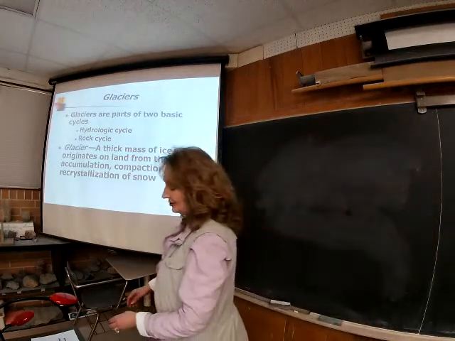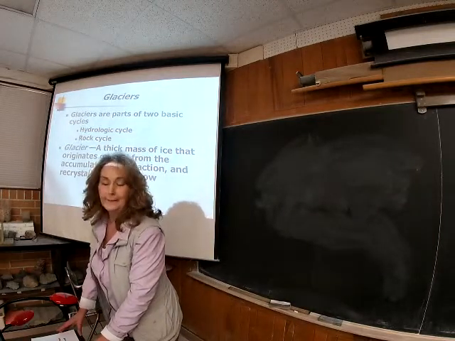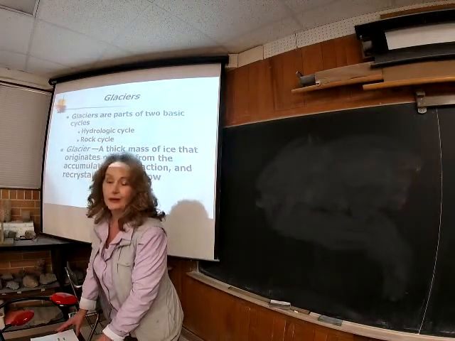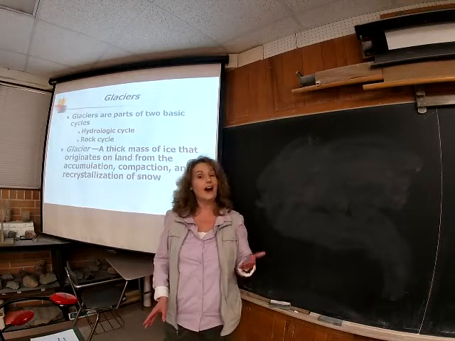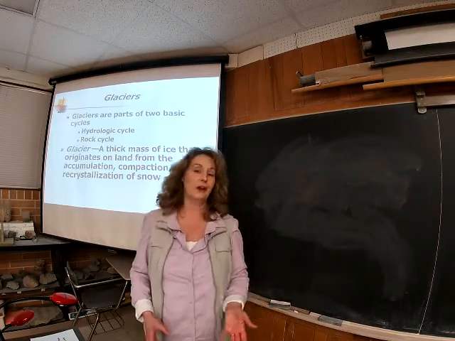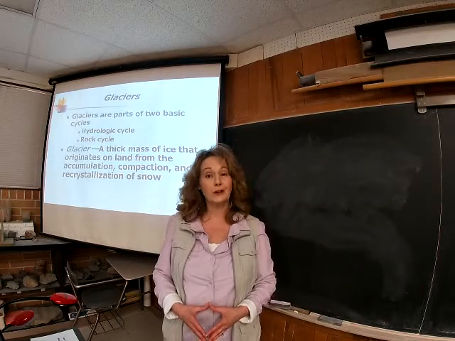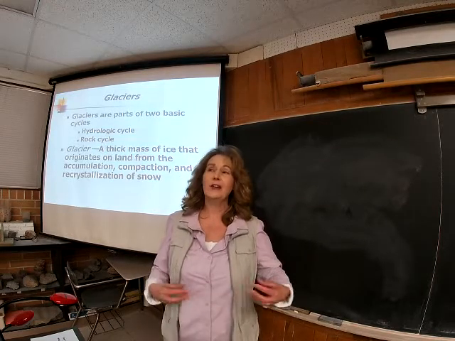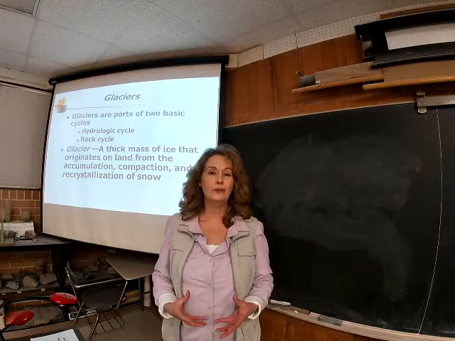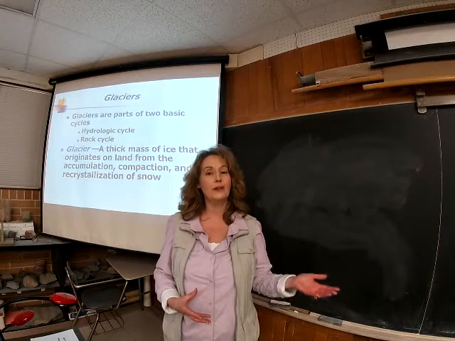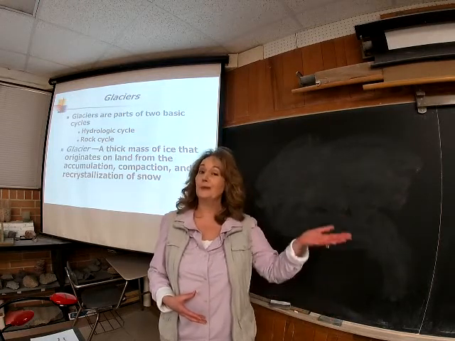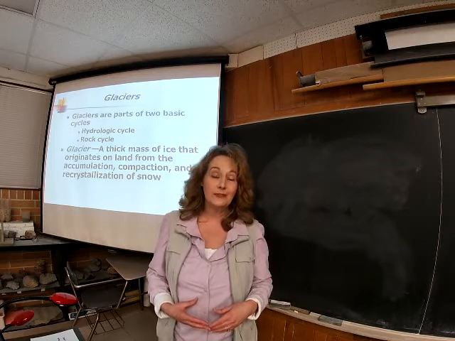For our glaciers, there are two basic cycles in play. One, the hydrologic cycle. If you'll recall from chapter 4, we mentioned the hydrologic cycle. This is the water cycle. That is the ever-moving water from the ocean. Through evaporation, it goes into the atmosphere.